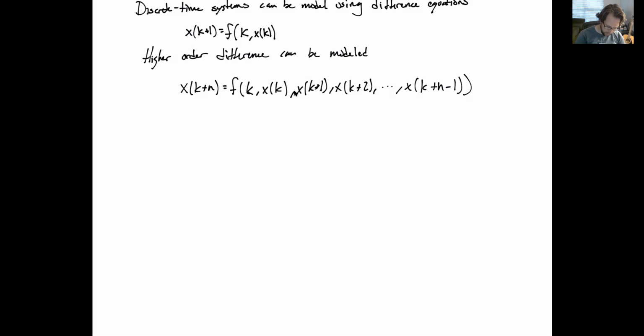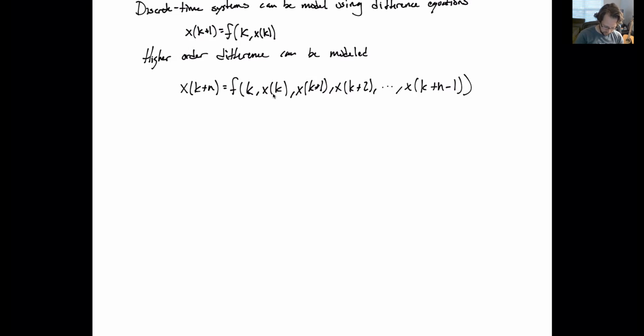Okay, so to do that, one, to guarantee solutions to the system, we need to have initial conditions, right? Just like with continuous time dynamics, for difference equations you need the initial conditions for everything in this function here. So if you need x of k plus n, you need all n minus 1 initial conditions.